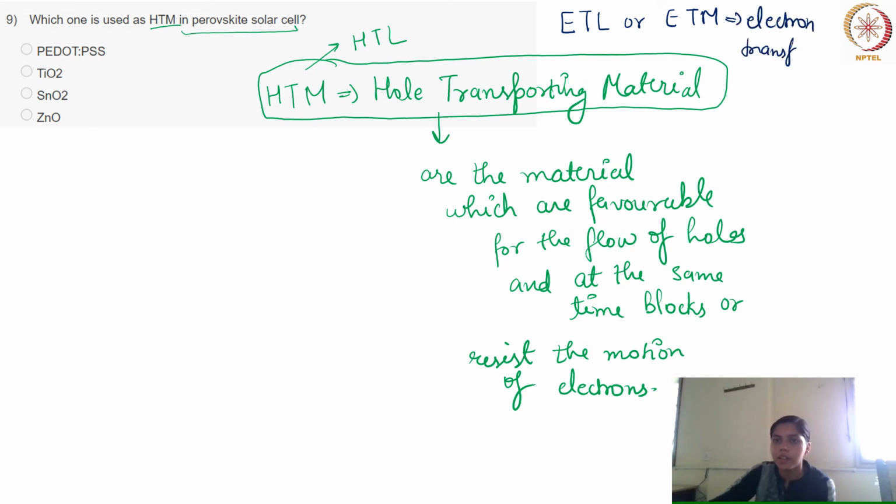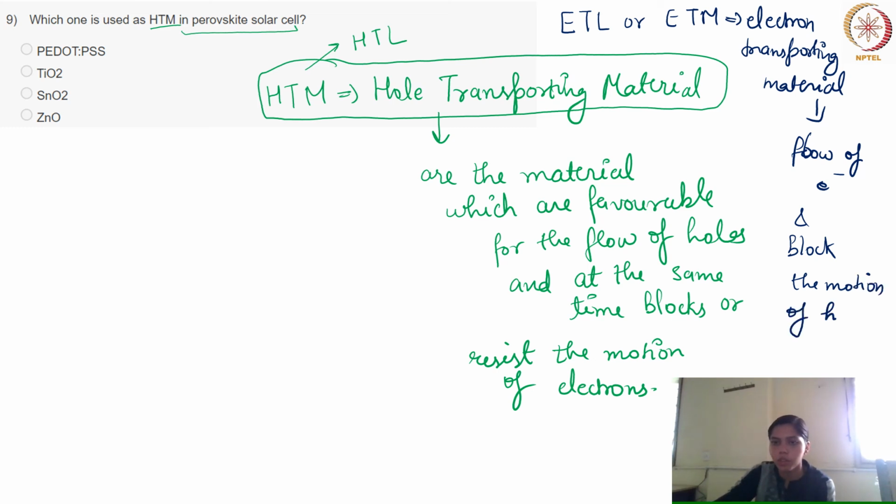transporting material. So these are the materials which are suitable for the flow of electrons and block or resist the motion of holes. Okay, so here are some given materials which you can see.